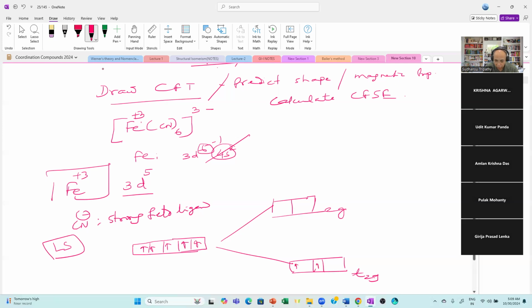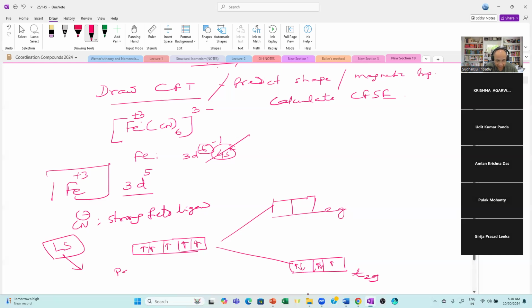So Hund, then Pauli. 5 electrons are now accommodated in the t2g set, leaving behind only one unpaired electron, but there has been a great reduction in the number of unpaired electrons. So it is an LS complex.